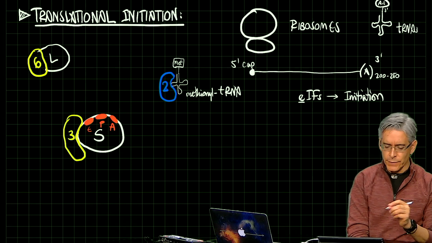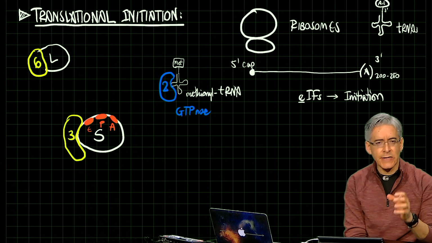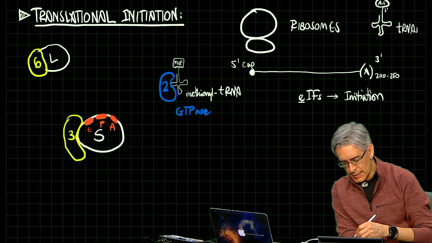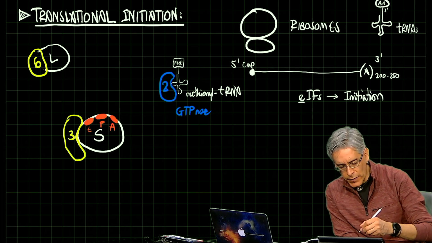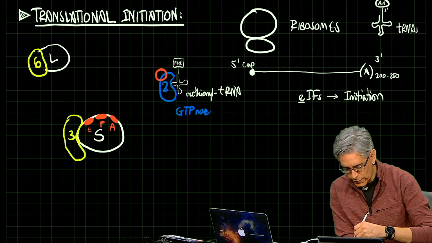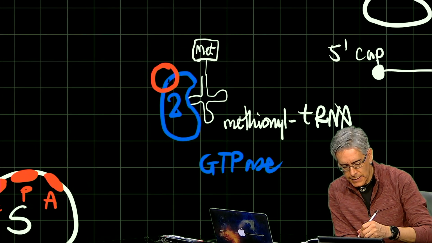And factor 2 is a GTPase, which means in order to be active, it needs to be associated with GTP. So we're going to draw the GTP as a circle that is associated to factor 2.